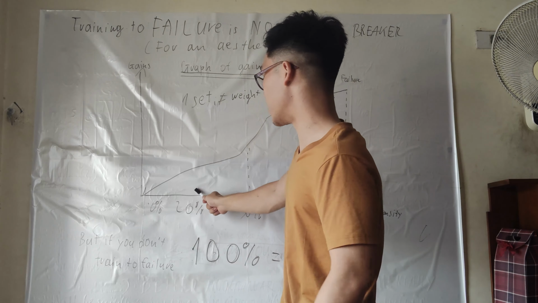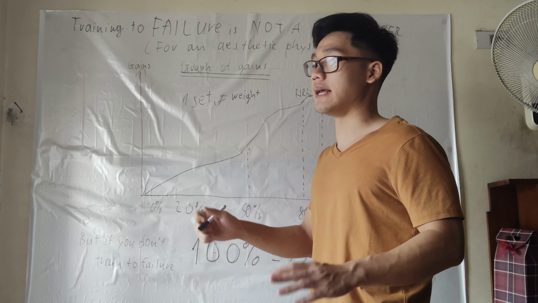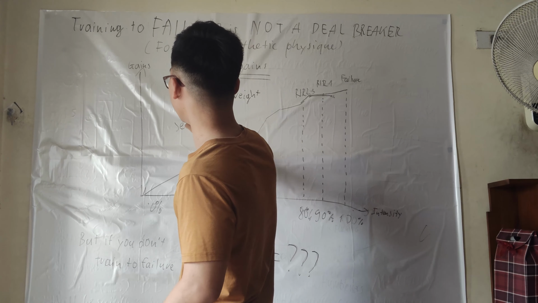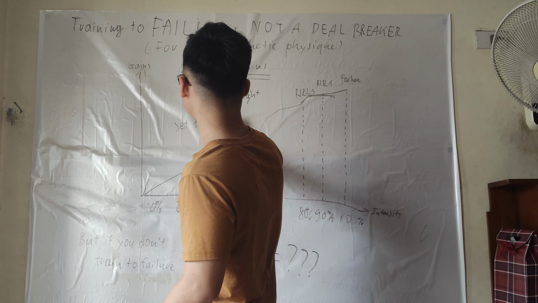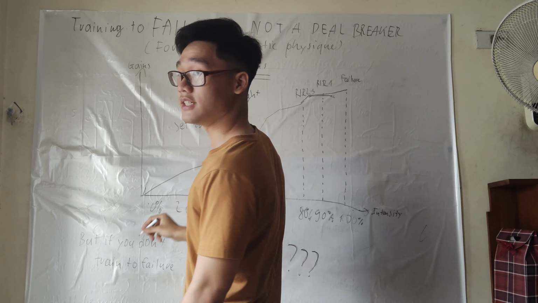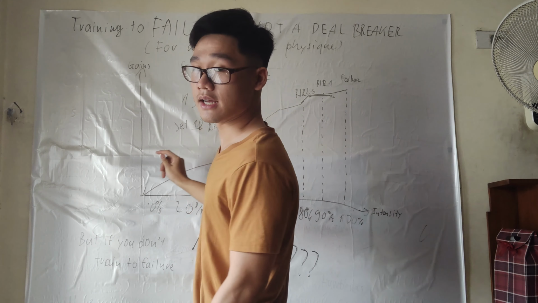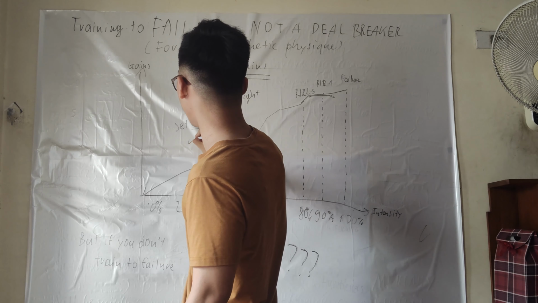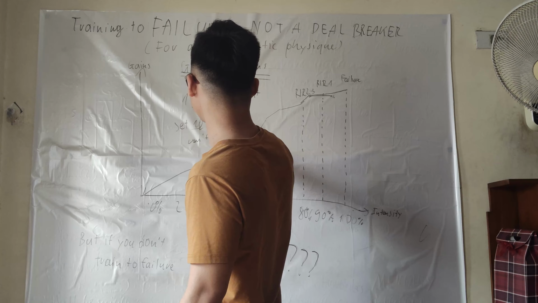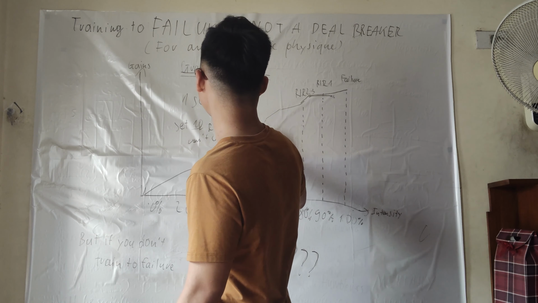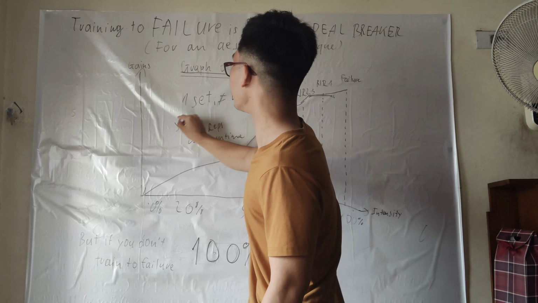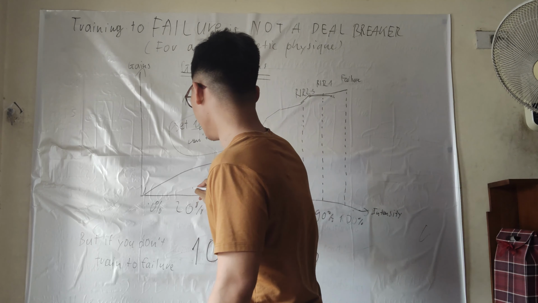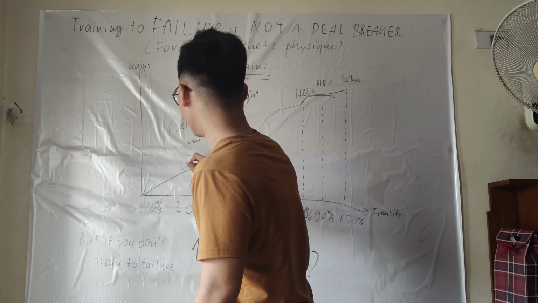So, around 20%. Imagine you're having a set of 10 reps. You do 10 reps and you can't continue. So if you can't continue, then 20% of that 10 reps will be 2 out of 10 reps.